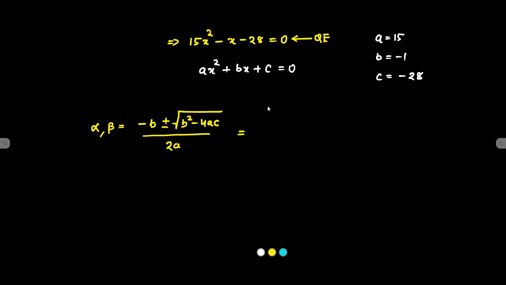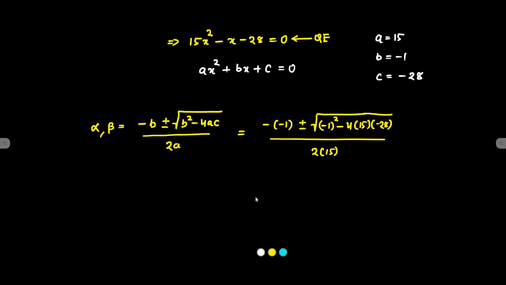This is equal to minus b, that is minus 1 plus minus root over b square, is minus 1 square, minus 4ac, 4 into 15 into minus 28, by 2a, which is equal to 2 into 15.